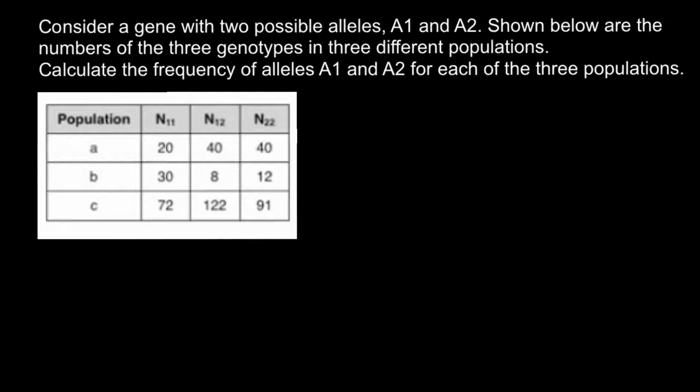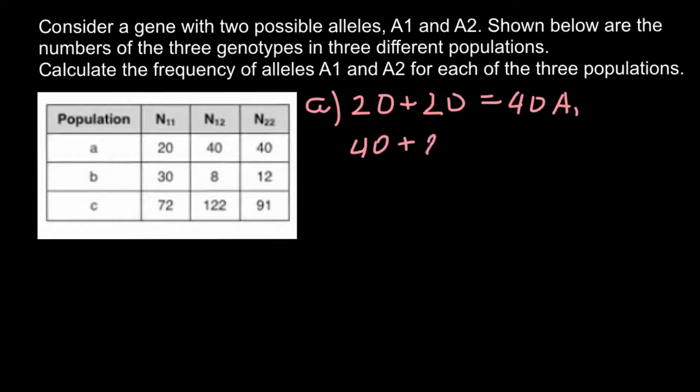So let's do it. Calculation for population A. We are going to get 20 plus half of 40, that is also 20, and this gives us 40, the absolute number of A1 alleles. And we also add half of this number to the A2 alleles: 40 plus 20, so 60 is the number of A2 alleles in population A. It's very easy, we don't have to do any other calculations.